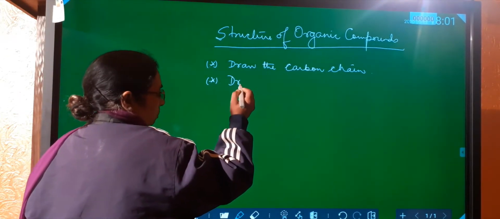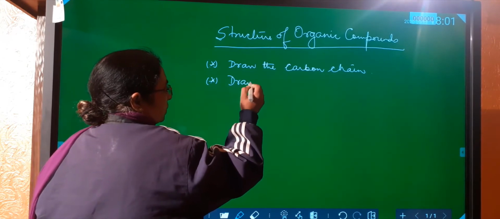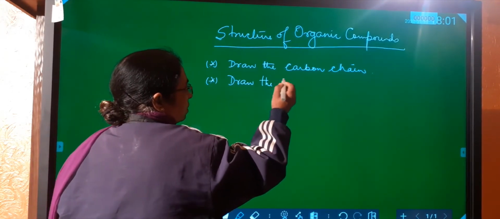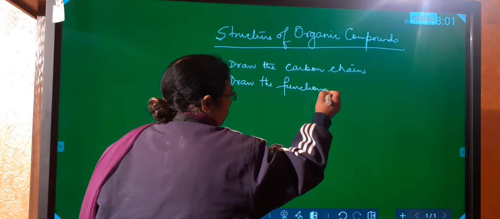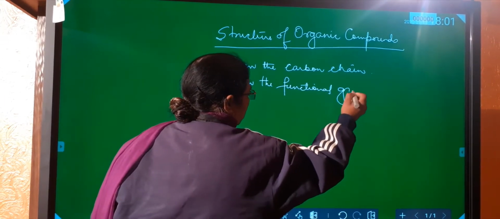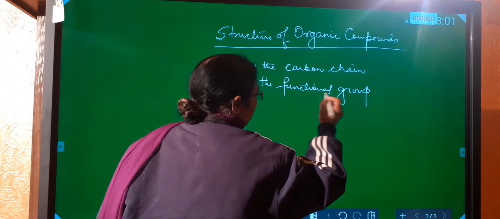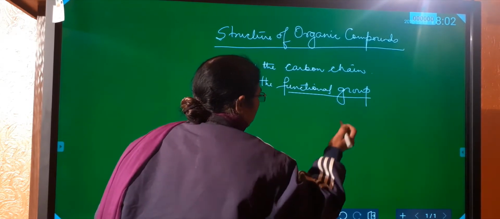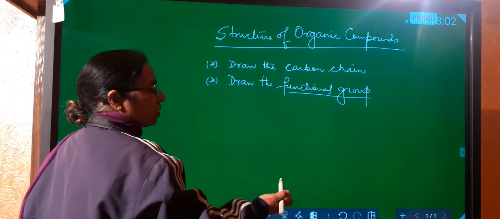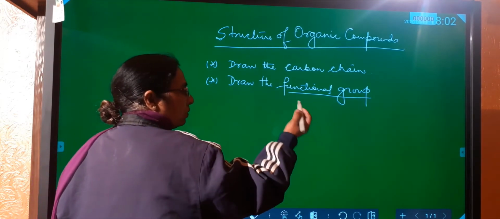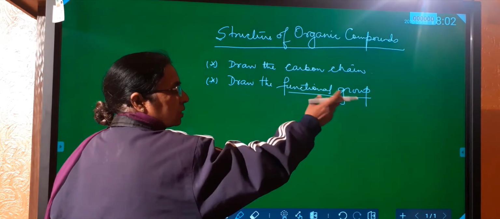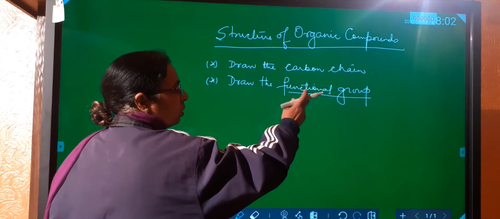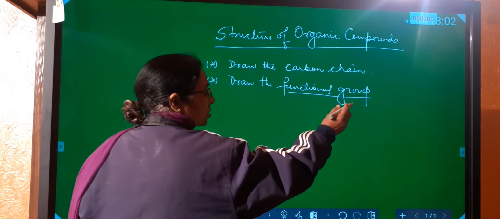Then draw the functional group. We will be coming to the term functional group. There are different functional groups, but whatever it is, say a double bond for an alkene or a triple bond for an alkyne, draw the functional group. Where is it?